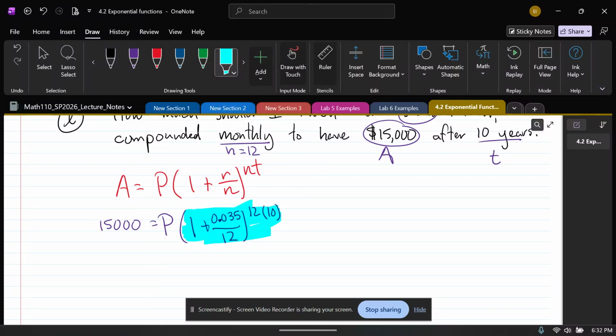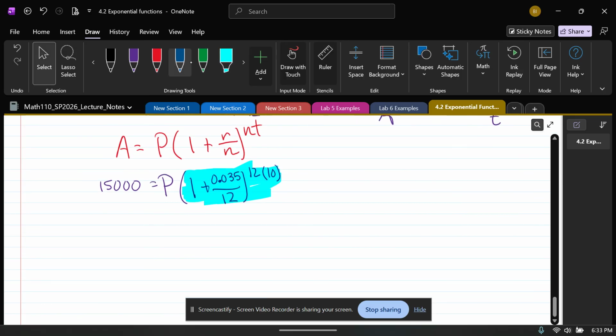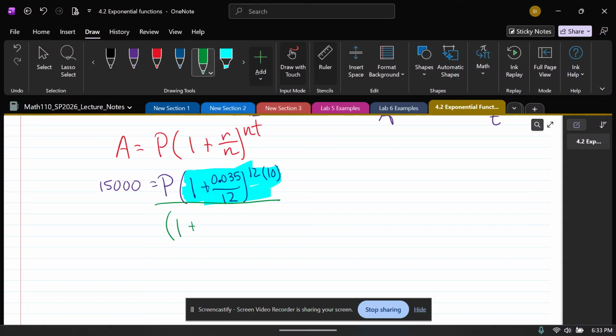It's a number times P. So to get what P is, I'm just going to divide by that number. Whatever that number is, I don't know what it is, and I'm not going to round it until I get done. So this is where the calculator really comes in handy. I'm just going to write that as 120.